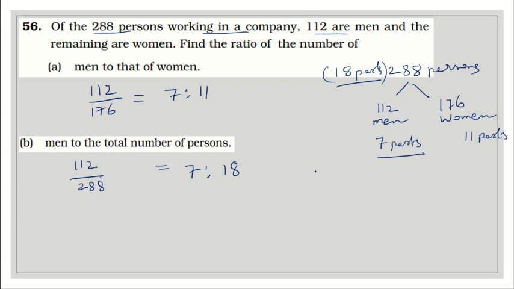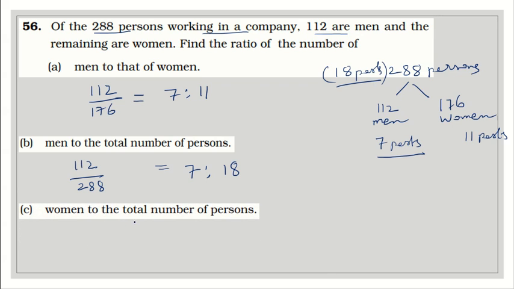And there is one more question here, women to the total. I am supposed to calculate 176 out of 288, but without cancellation I can say 11 is to 18, because these 11 parts is to 18 parts. So that simple we can do when we have this short way of thinking. Otherwise you know the long procedure, the method of doing too.